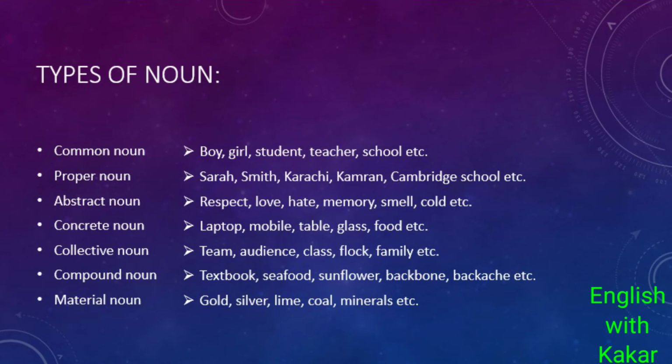Now there are various types of noun, but a few of them are given here. Common noun, proper noun, abstract noun, concrete noun, collective, compound, and material noun. Now a common noun is a word that is used for many things or many people of the same type, of the same category.